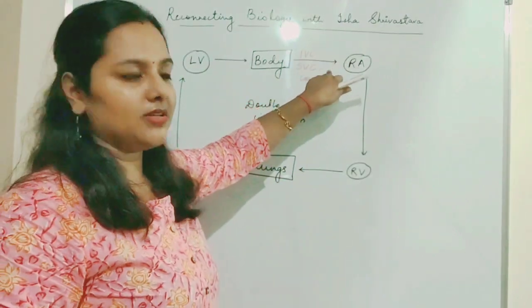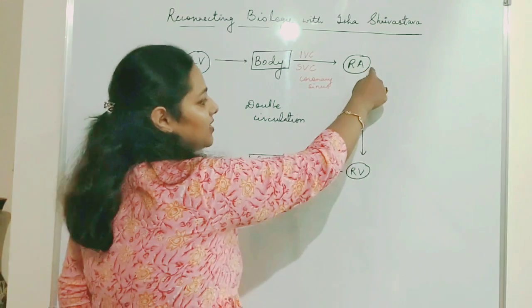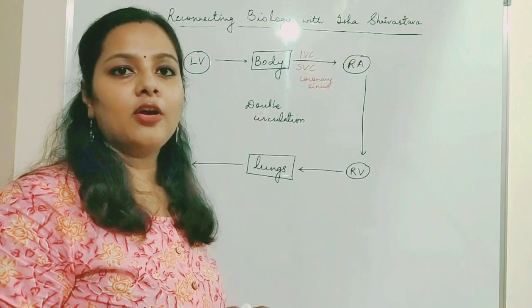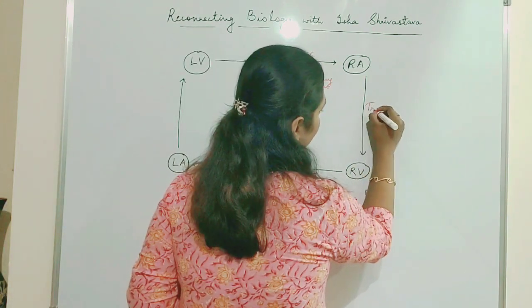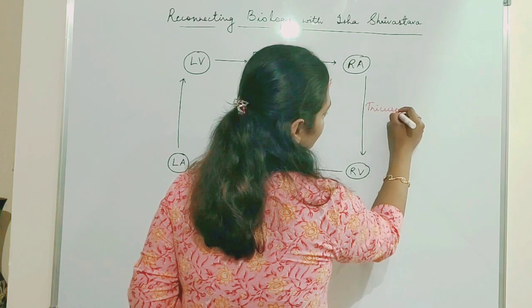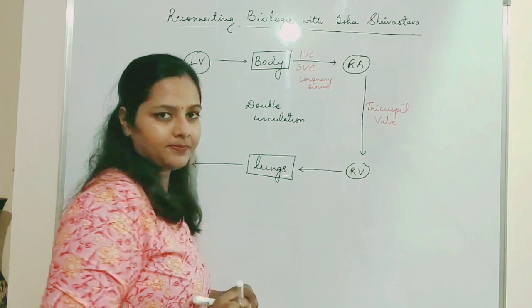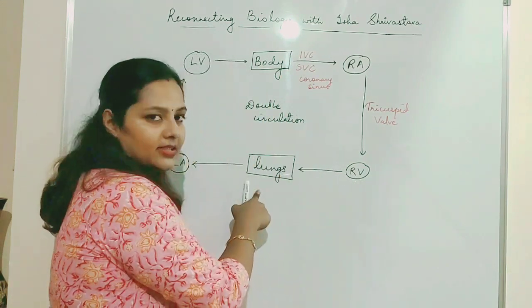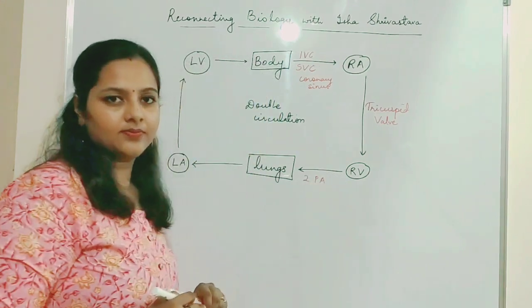Now, from the right atria to the right ventricle, the blood flows through a valve called the tricuspid valve. From the right ventricle, the blood flows to the lungs through two pulmonary arteries.